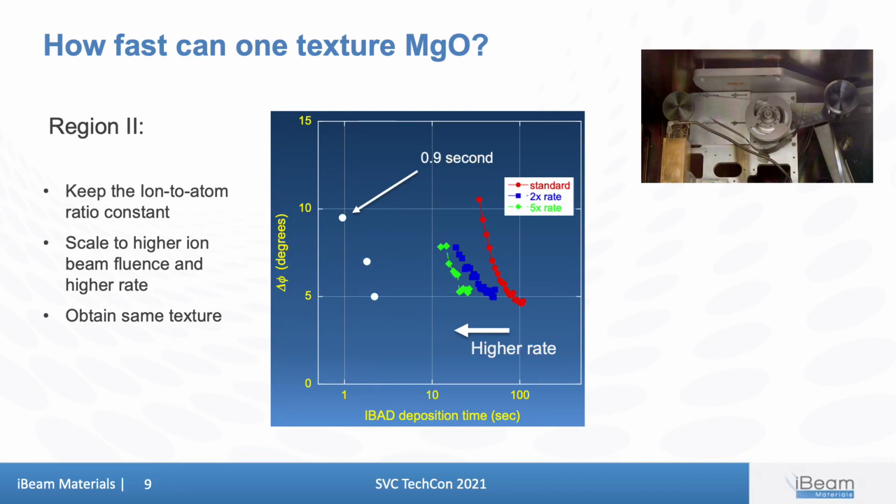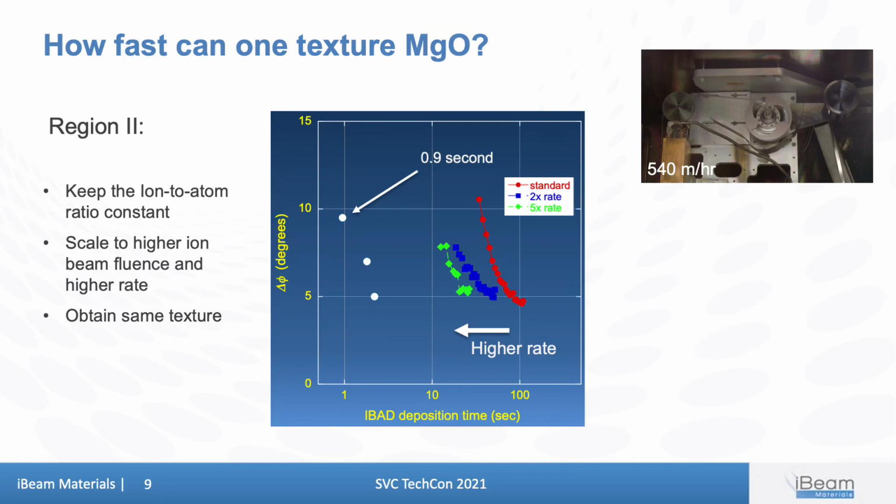The data point here corresponds to less than 1 second of deposition time, or a throughput speed of 540 meters per hour for the 12 centimeter deposition zone that we use in our system. The movie in the right top corner shows how fast the reel is moving at this speed.